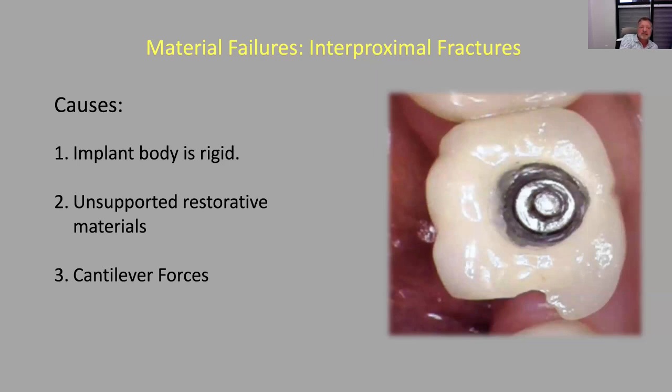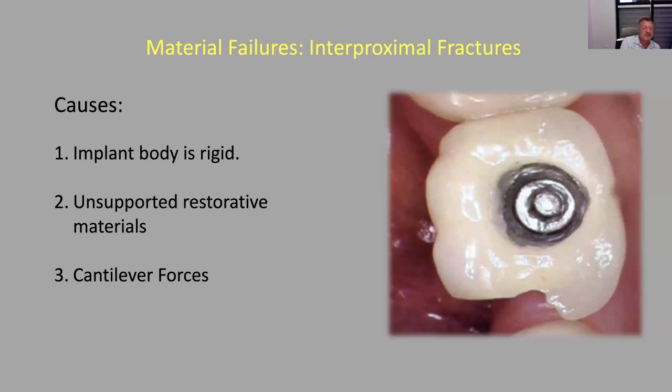Again, what causes this? The implant body is rigid. It goes back to being rigid. You're probably going to, at some point, think, that guy would not stop saying the implant body is rigid, but it's such an important concept in implant dentistry, and also in fixing restorations the second time, so they last much longer and serve the patient much better. These are typically due to unsupported restorative materials.